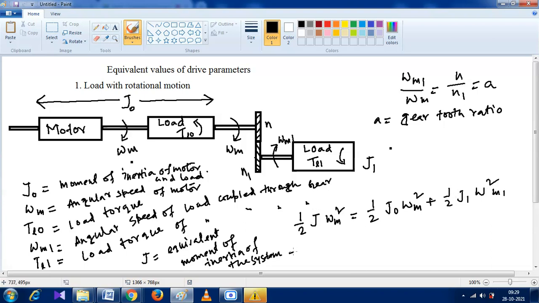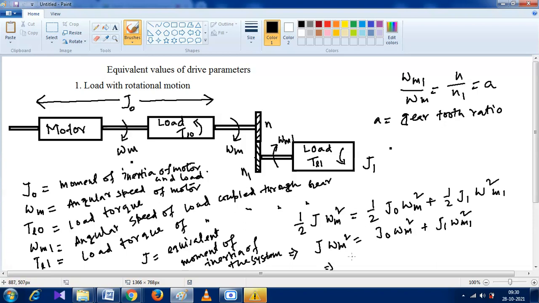Okay. From this equation, what do we get? J omega m square is equal to J0 omega m square plus J1 omega m1 square. We eliminate half from both sides.